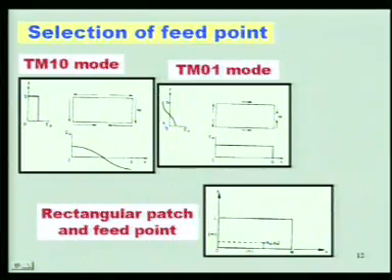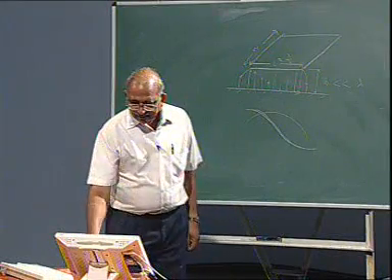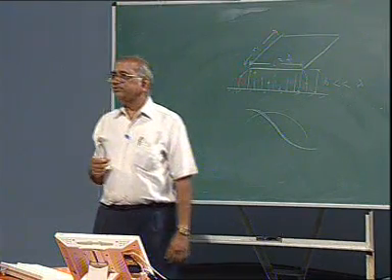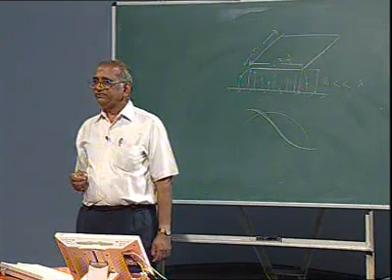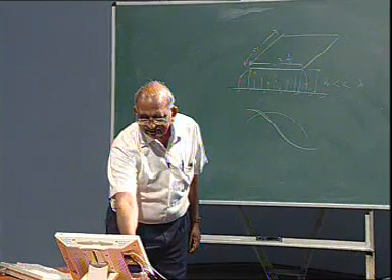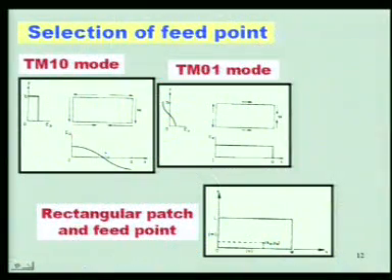Okay. Resonant wavelength. Now, how to select a particular mode over here using the feed point? Say for example, here in this case, let us come back to TM10 mode. If you want to excite this mode, at the feed point the impedance should be 50 ohm.